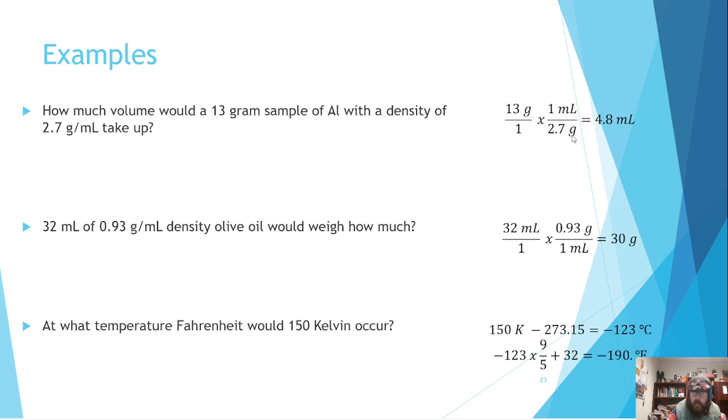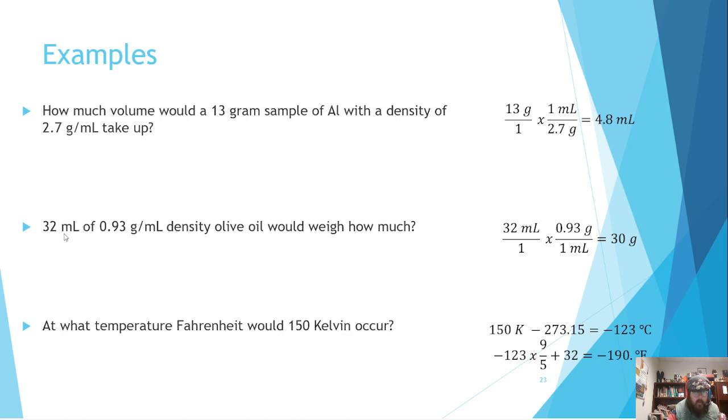When I divide by a fraction, it's the same as inverting the fraction. So 1 mL on top, 2.7 grams on bottom. Grams over grams cancel. Milliliters are all that remains. 13 divided by 2.7 is 4.8 mL.